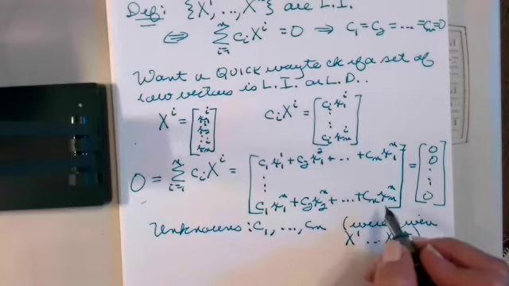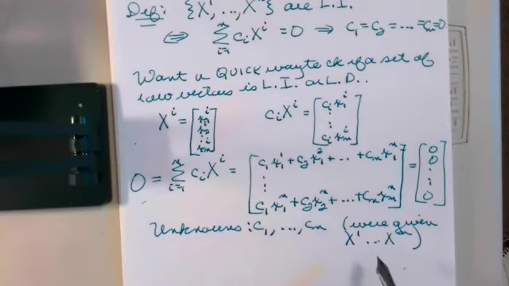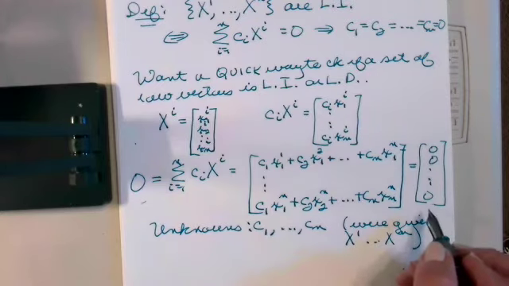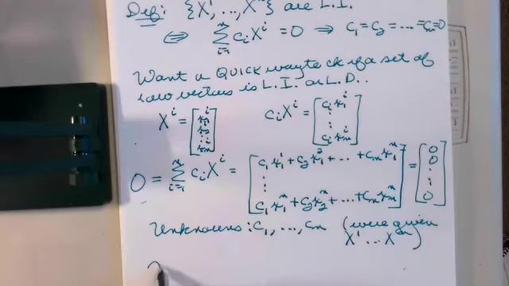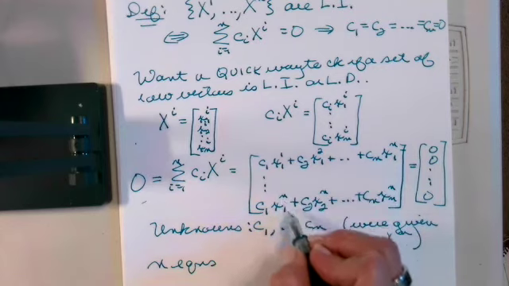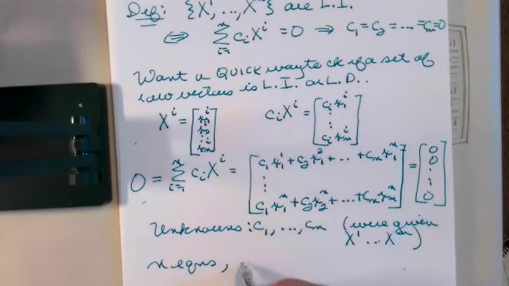So the x's are known; it's the c's that are not known. We need to figure out if the c's have to all be zero or not. So this is n equations. Each one of these gives me an equation, so there are n equations in n unknowns.